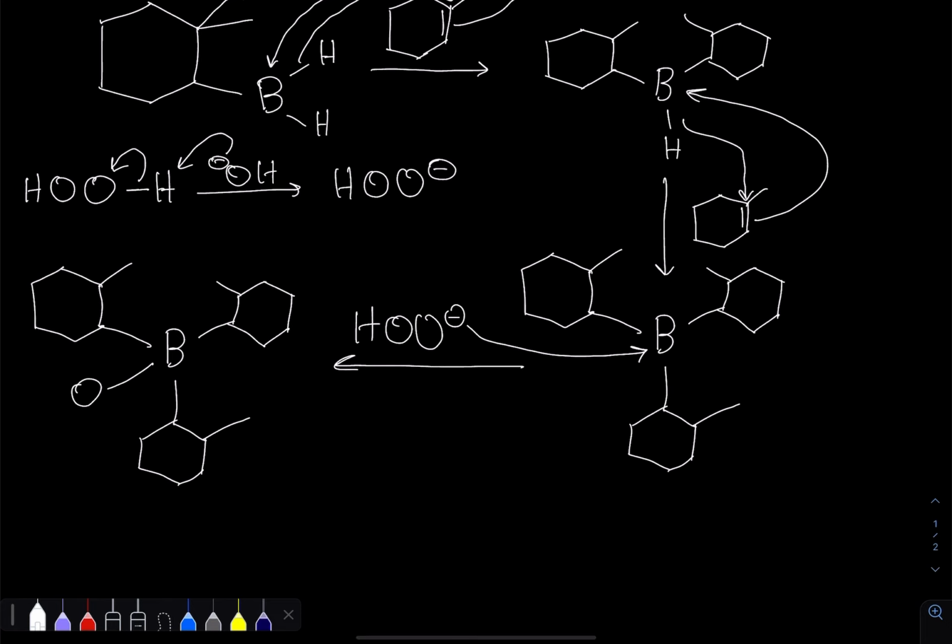We'd have the OH attached to the boron atom and the negative charge on the boron atom, negative formal charge. Now we can draw the bond like this.